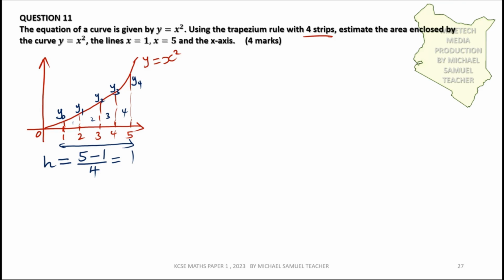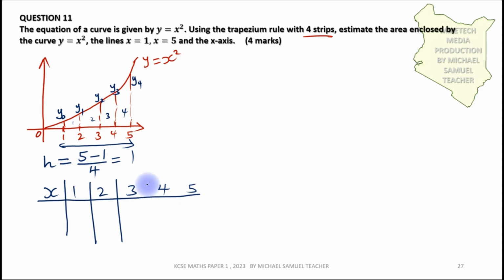So let us make a table for the corresponding values of x and y. When x is 1, 2, 3, 4, 5, what is the value of y? So we should have y0, y1, y2, y3, y4.